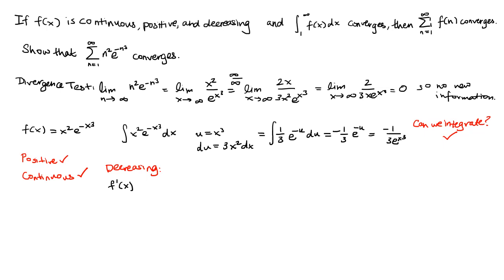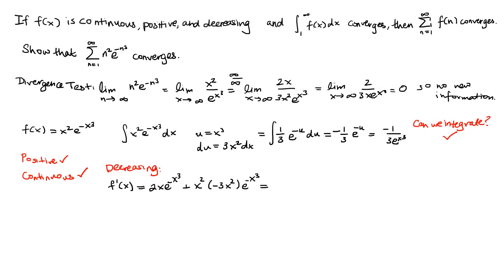To differentiate this, we're going to use the product rule. So we have 2x times e to the negative x cubed plus x squared times negative 3x squared e to the negative x cubed.